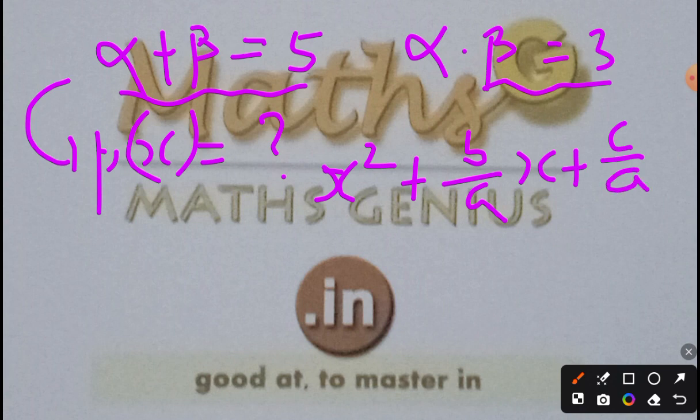Here we know the sum of the roots is b by a, so b by a is given as a over here, and here this is c by a.